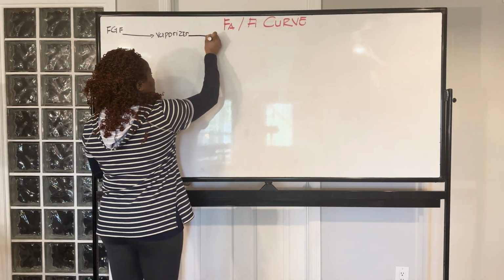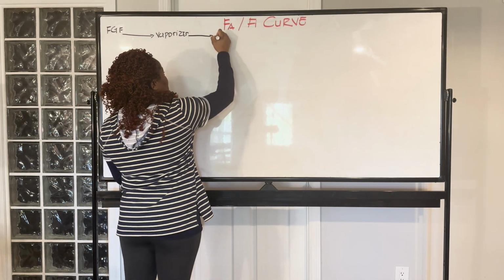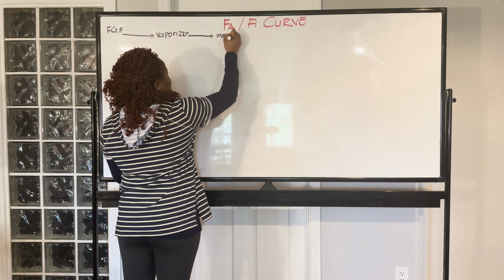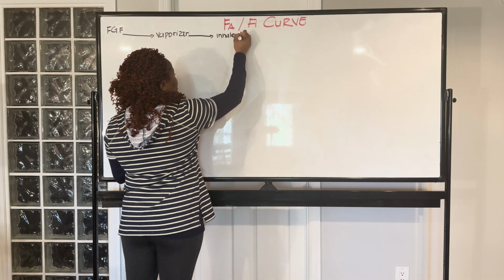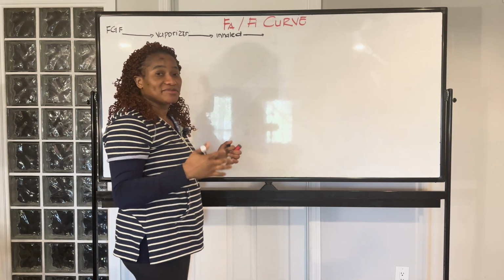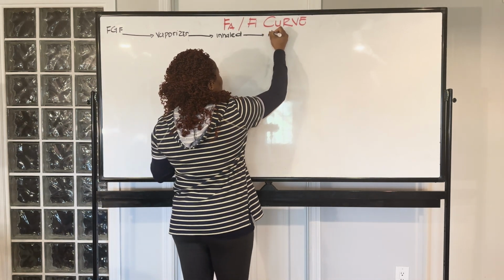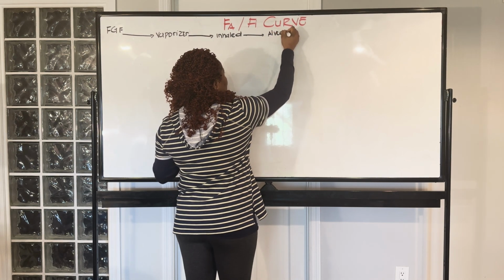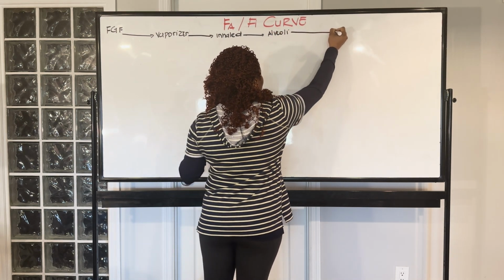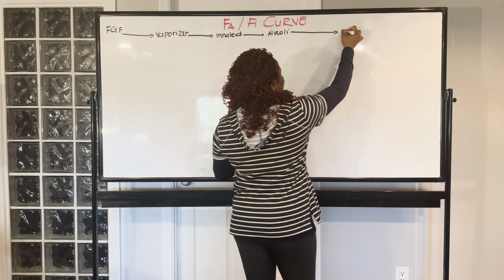Coming now from the vaporizer, those gases are going to be inhaled by the patient. After inhalation, the gas is going to be found in the alveoli of our patient. And from the alveoli, the gas gets to the brain.